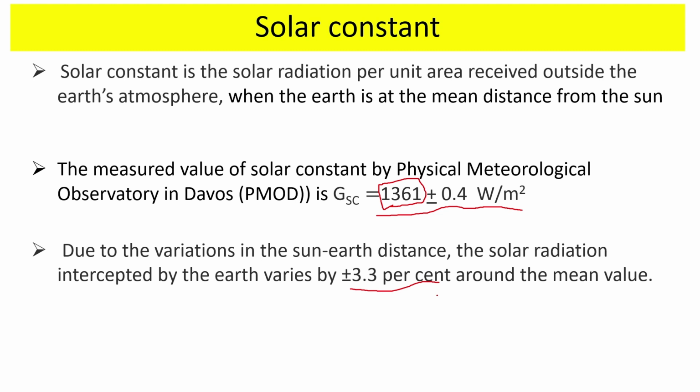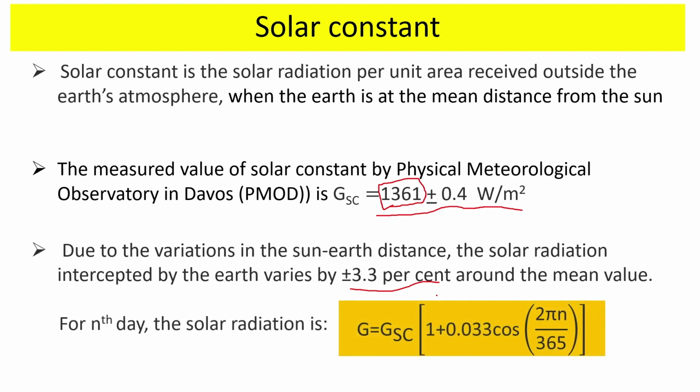So between these two extremes, how the solar constant is varying, we can calculate using this formula, which is G equal to GSC into 1 plus 0.033 cos of 2 pi n divided by 365. N here represents the day number. Like January 1, n will be 1 for January 1.